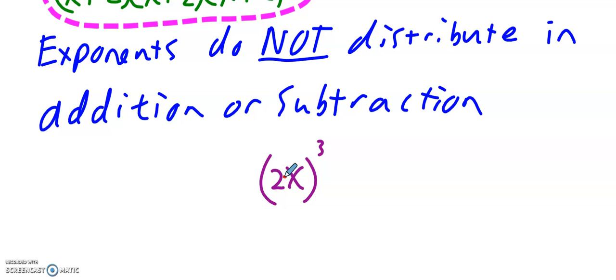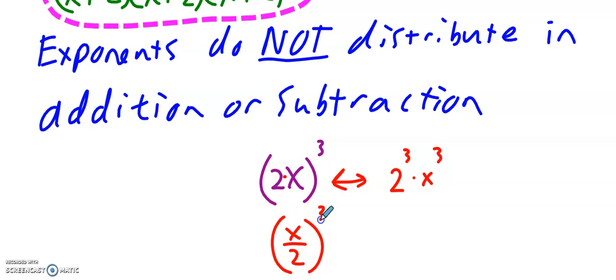And remember, 2x and x times 2 are the same thing. This does distribute. So exponents do distribute in multiplication or division. So this is the same as 2 to the third times x to the third. Same if I had x over 2 to the third. This would be the same as x to the third over 2 to the third. But with addition or subtraction, that does not happen.